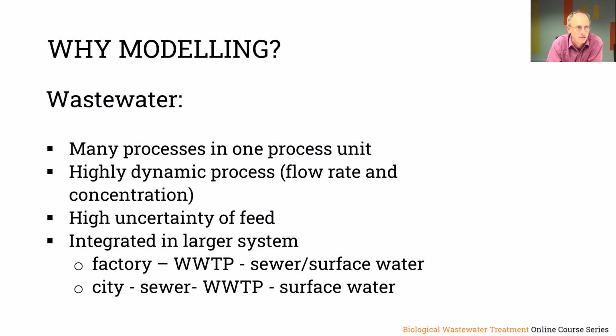Moreover, you cannot control what's going into your process, like what you can do in industry. Flow rate is variable, the composition is variable, everything is changing all the time. If you have a normal industrial process, you control exactly the concentration, the flow rate, the pressure, the temperature, at least you have the potential to do so, but in the environmental field this is not possible.